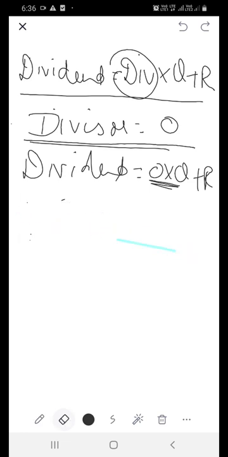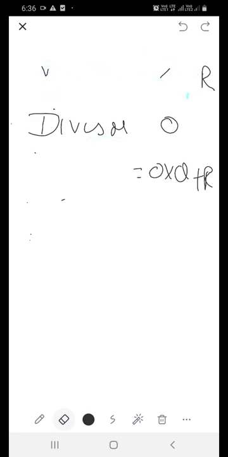Now you will be able to follow it if I take one question of this theorem.